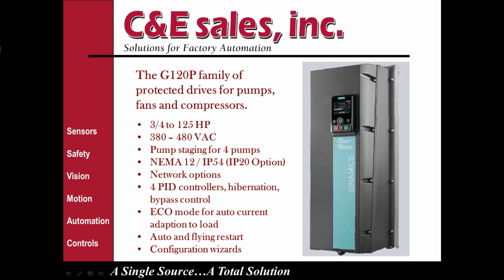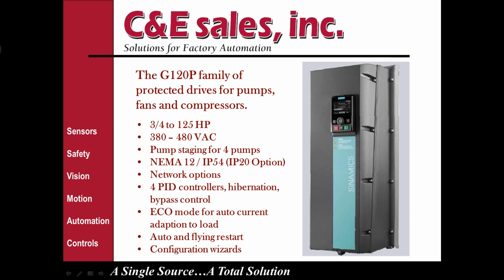A subfamily of the G120 is the G120P family, and that's a series of protected drives intended for pumps, fans, and compressors. They're available from 3/4 to 125 horsepower in the 380 to 480 volt range. As you can see from the photo, they're available in a NEMA 12 and IP54 option, where the drive is enclosed.